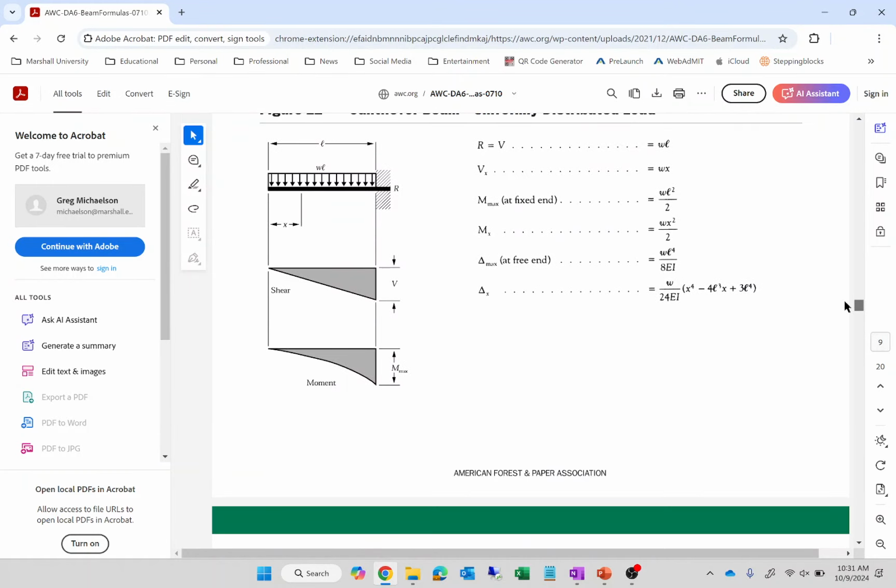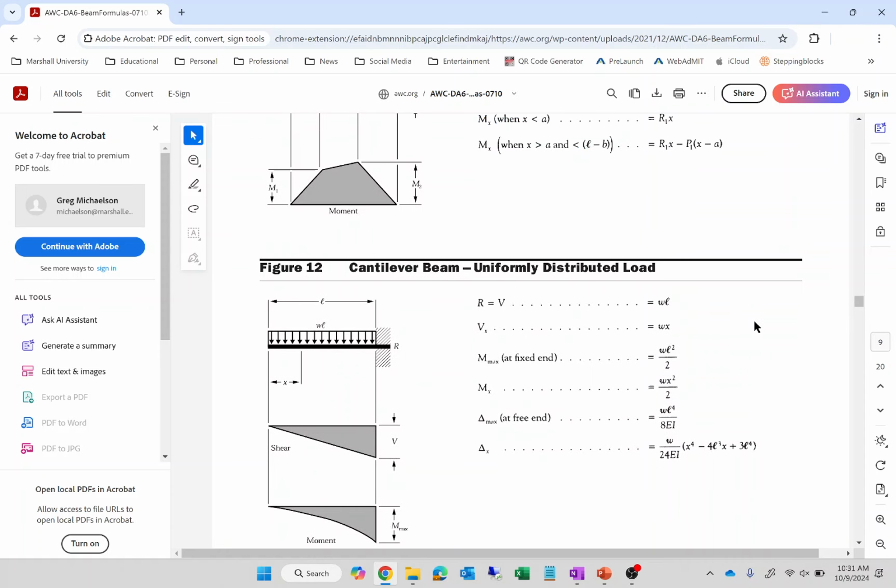So here's a cantilevered beam with a uniformly distributed load, and we're not going to worry about the deflections for today because we can look at that later. But here we have a cantilevered beam with a uniformly distributed load. Here is the load. Here's what the reaction is. Here's the shear as a function of x. Here's the moment as a function of x. Here's the maximum moment, maximum shear. Plug and chug, done, right?